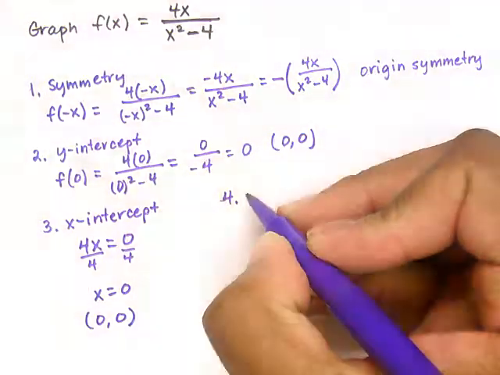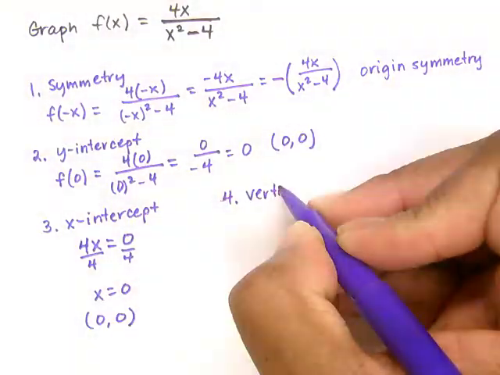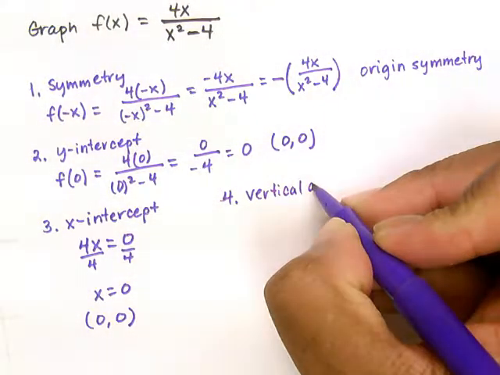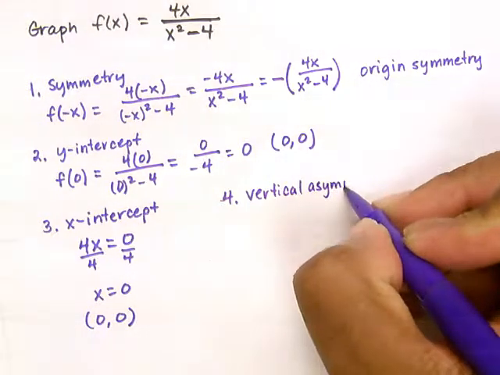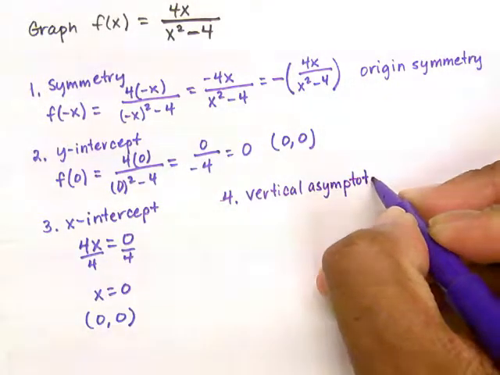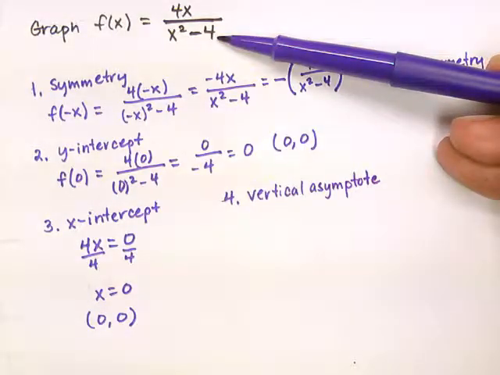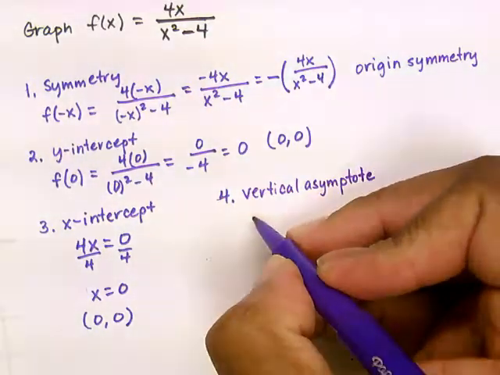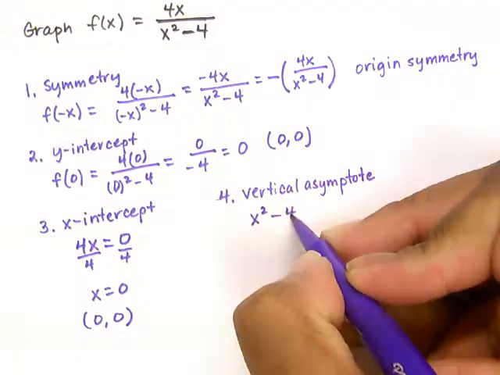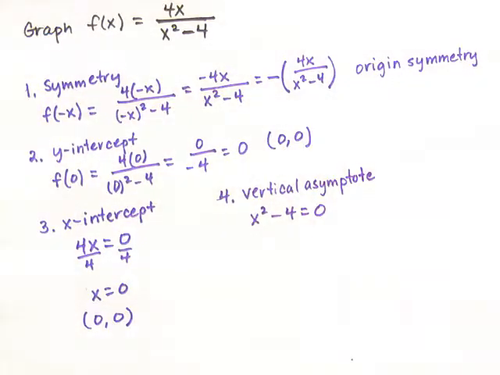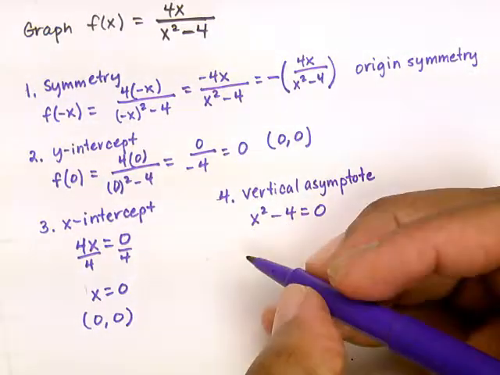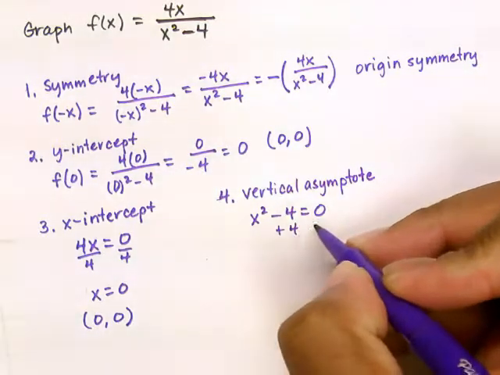Alright, number 4 is finding the vertical asymptote. Anytime you want to find the vertical asymptote, you take your denominator, which is your x squared minus 4, and set that equal to 0, and solve for x. And what I'm going to do here is get the x squared by itself by adding 4 on both sides.